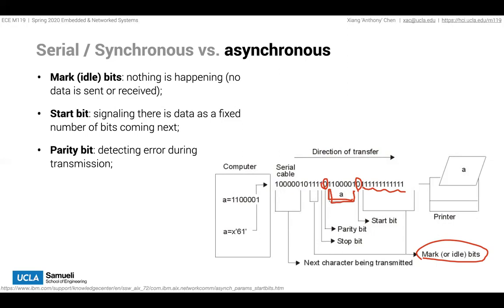If either of these suggests an error, then you probably discard this frame and send back an acknowledgement to the sender saying, please send it again, something is distorted or messed up in the process. And finally, there's a stop bit, which is the opposite of the start bit. In other words, if after the parity bit you see another 0, that means there is a packet immediately following this one. If you see 1 after the parity bit, then you should stop reading.